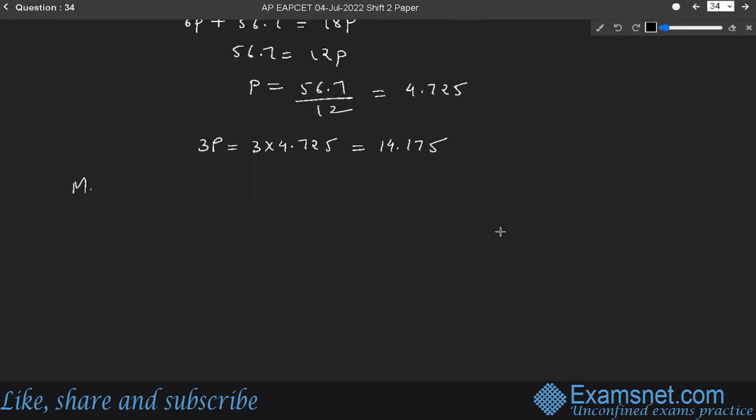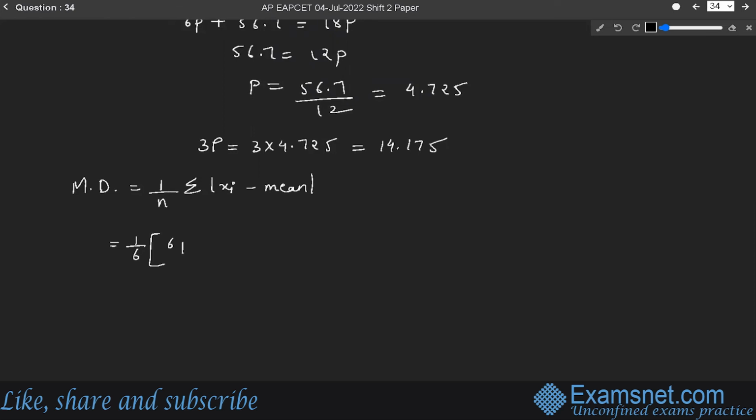So, mean deviation about mean is represented as 1 upon n times the summation of |xi minus mean|. Total number of items is 6. So, 1 by 6 into the summation of |xi minus mean|. Xi means the first term.